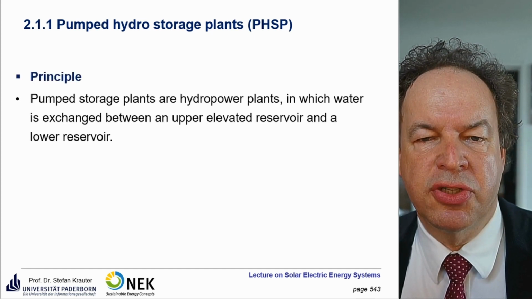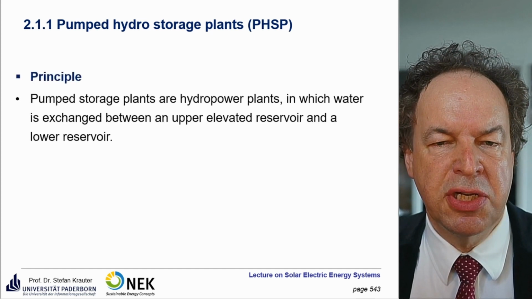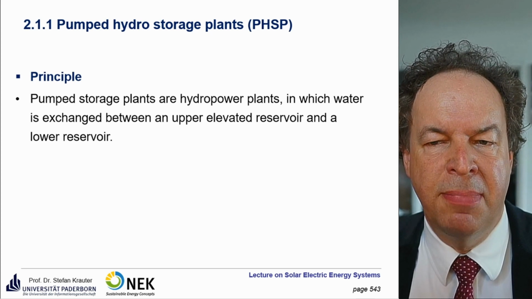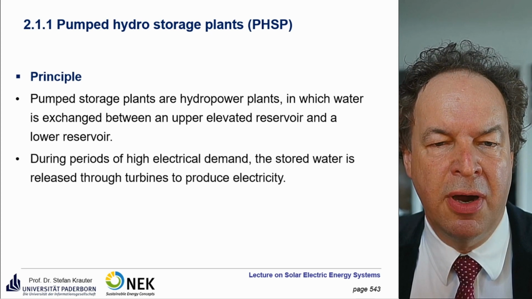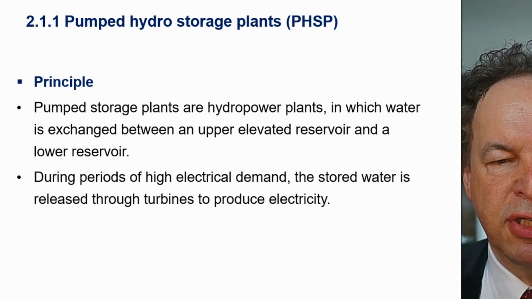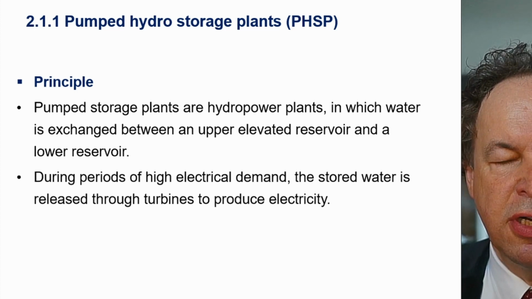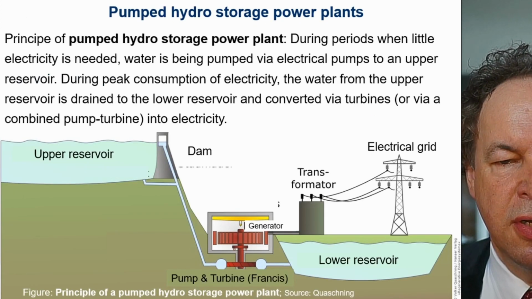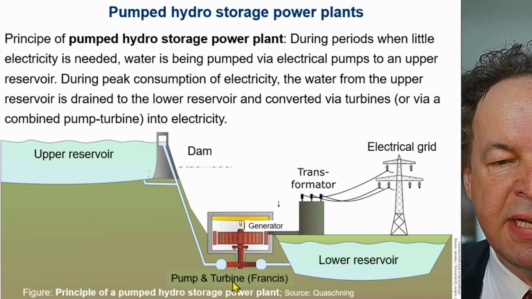So the pumped hydro storage plant, as I mentioned before, you actually pump the water up to the upper reservoir, and during periods of high electricity demand, the stored water is released, as in the conventional storage hydropower plants, and they produce electricity. So you have a lower reservoir and upper reservoir, and here you have a combined pump and turbine.